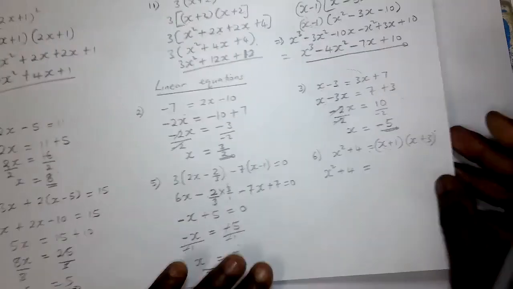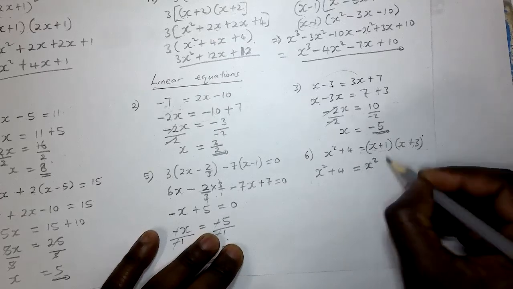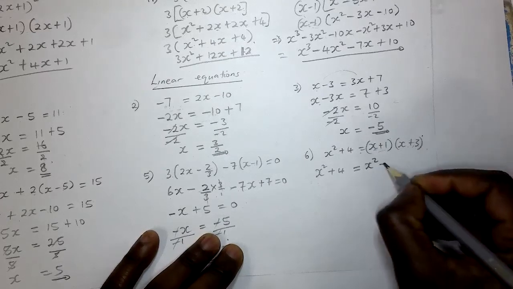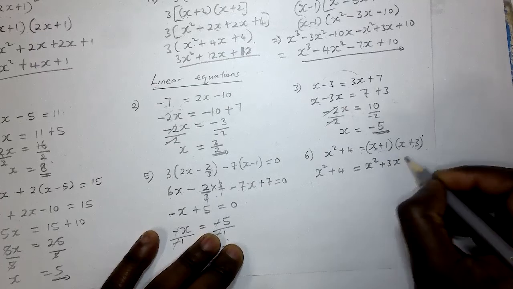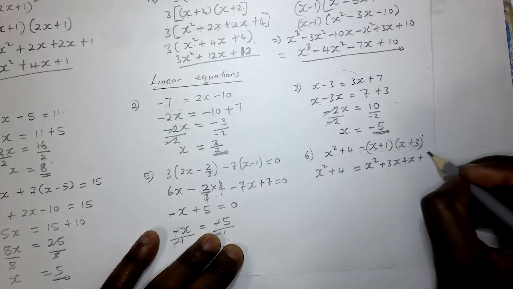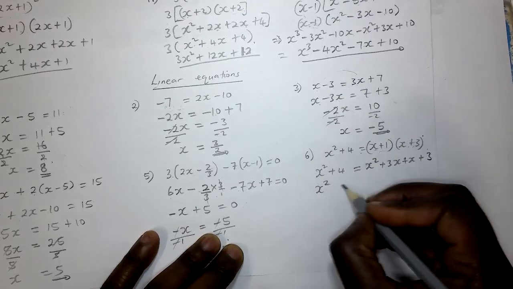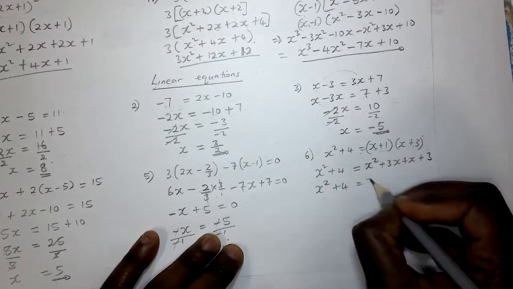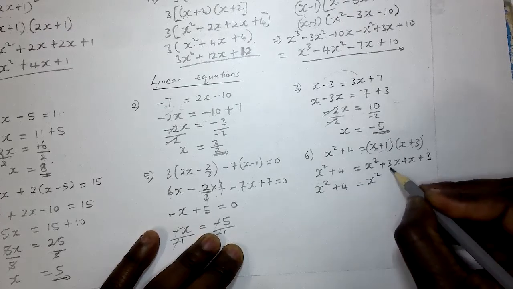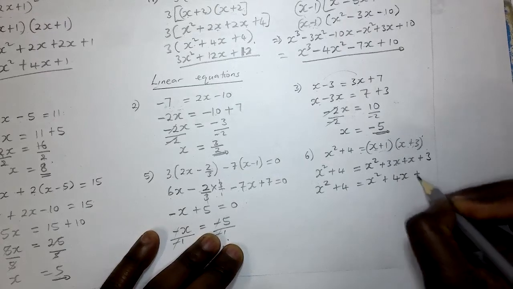We're going to say x squared, x times 3 is going to be plus 3x, 1 times x is going to be plus x, plus 3. Then we have x squared plus 4 is equal to x squared plus 4x plus 3.